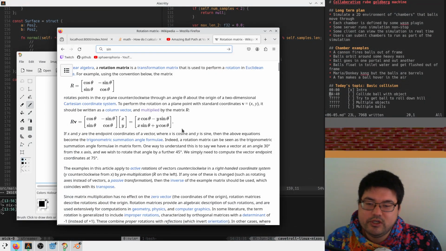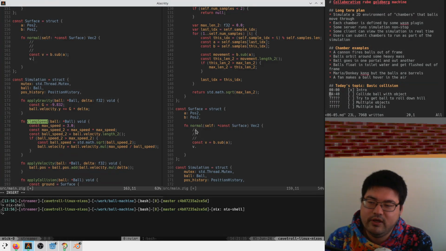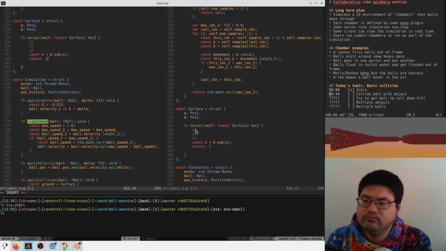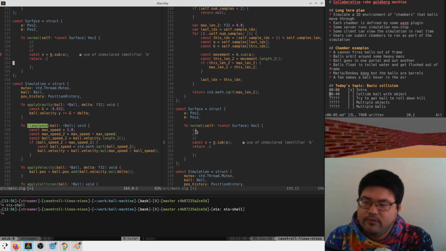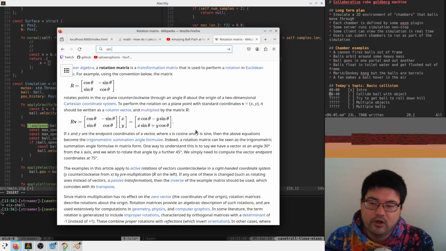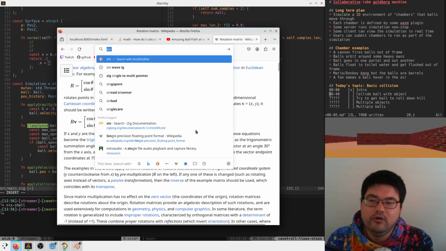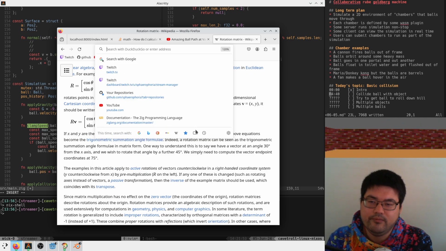The new x position is... return. X is cos 90. Is it 0 or 1? Cos 90.